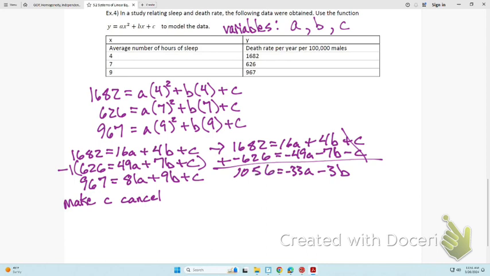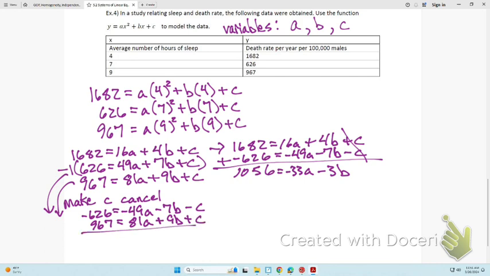Let's do the same with equation 2 and 3. So negative 626, negative 49A, negative 7B, negative C, 967, 81A, 9B, and plus C. And again, the C's cancel.